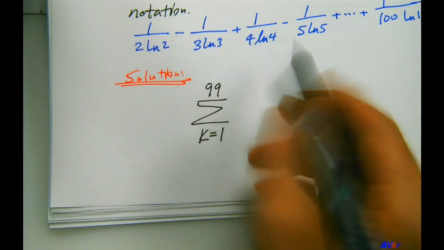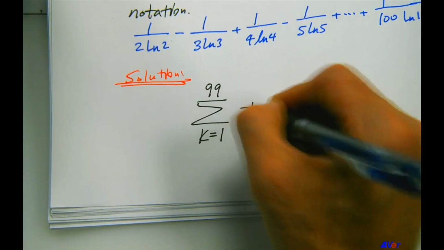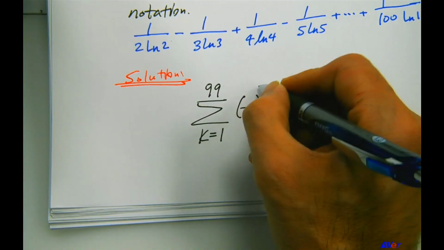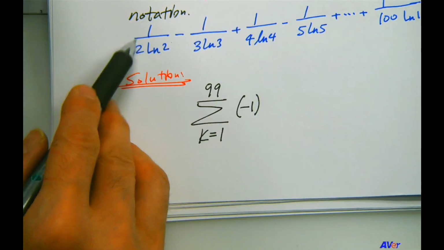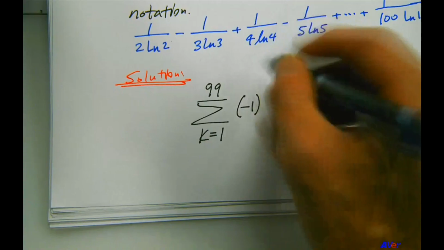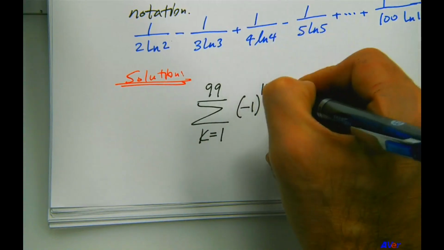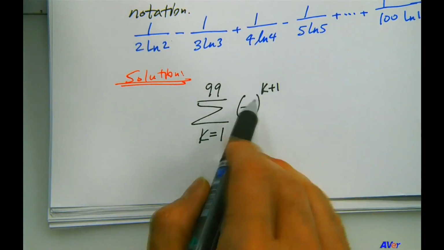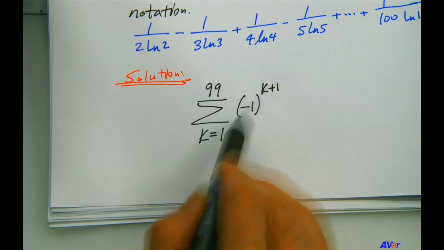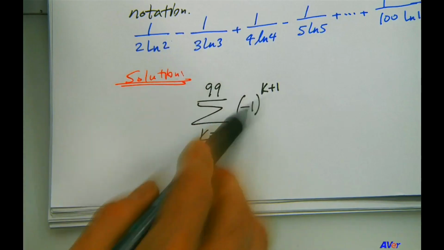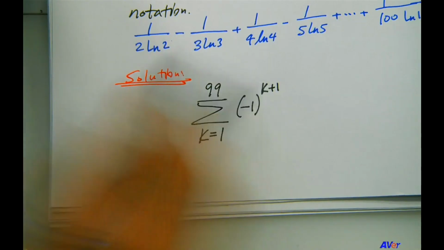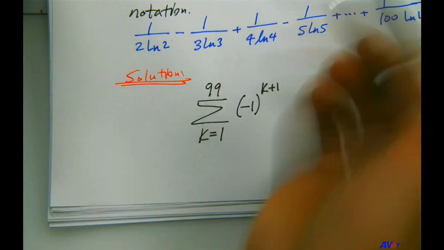Then the alternating algebraic sign means we should have a negative 1 here raised to some power. The first term is positive. So for k equals 1, it's positive. So k plus 1, right? Then if k is 1, minus 1 to the second power is positive. If k is 2, 2 plus 1, minus 1 to the third power is negative. So it starts to make sense.